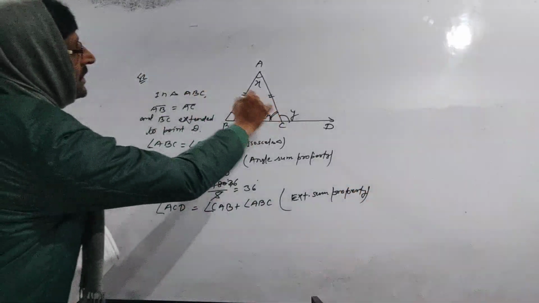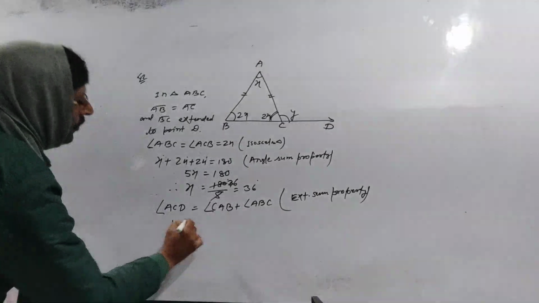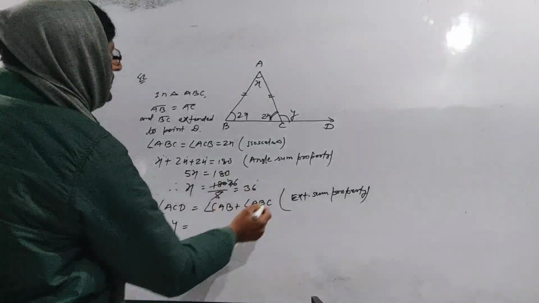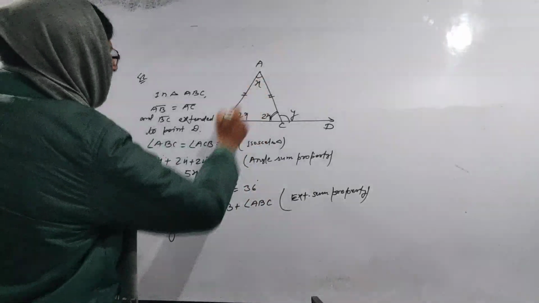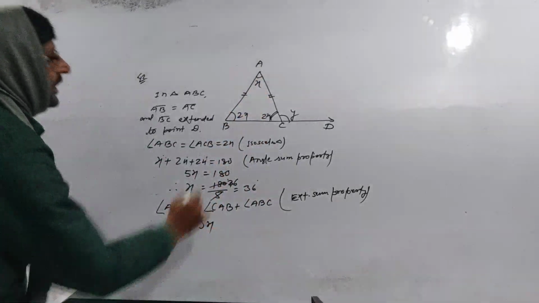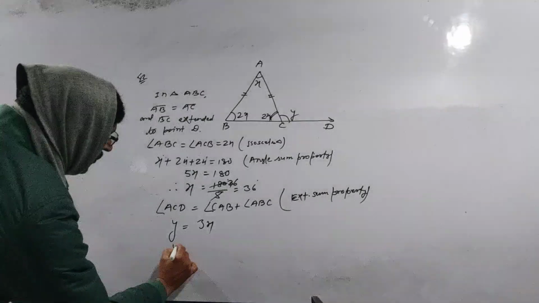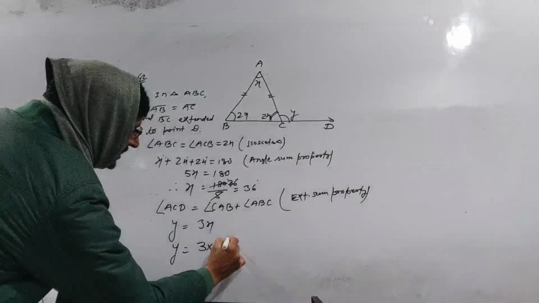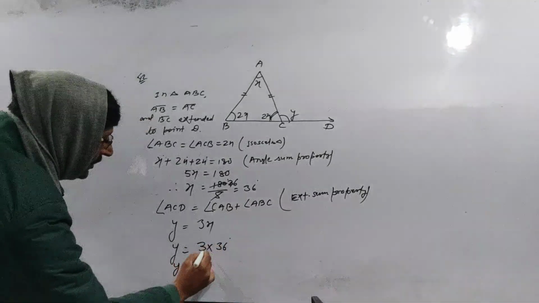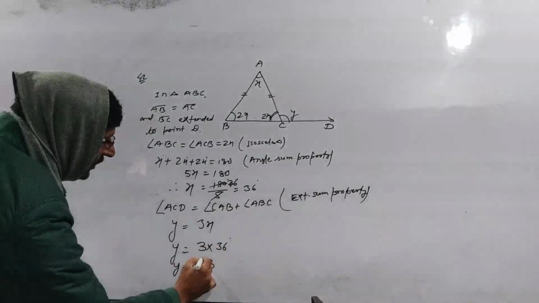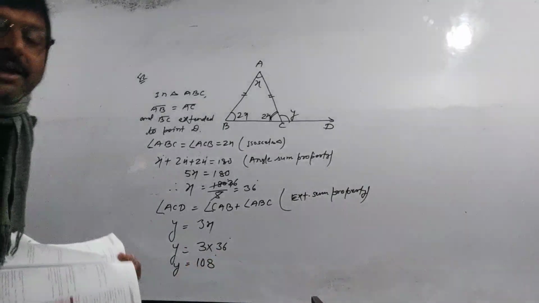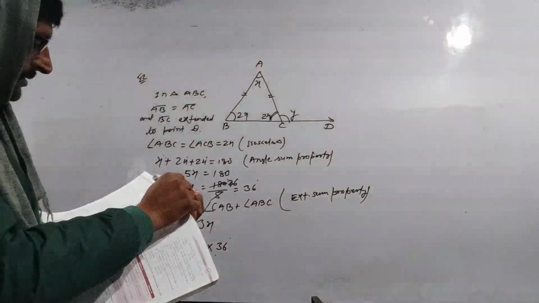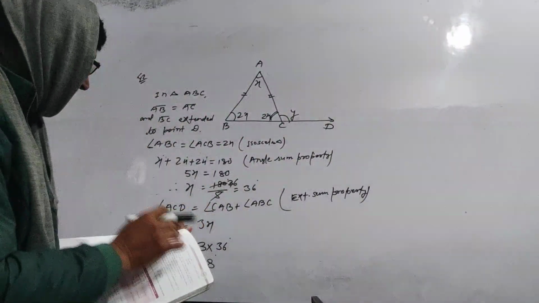So ACD is equal to y, and CAB plus ABC is x plus 2x, which is 3x. So y is equal to 3 into x, which is 3 into 36, so y equal to 108 degrees. Correct? 108 degrees.